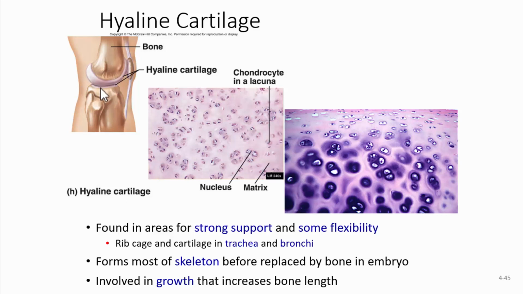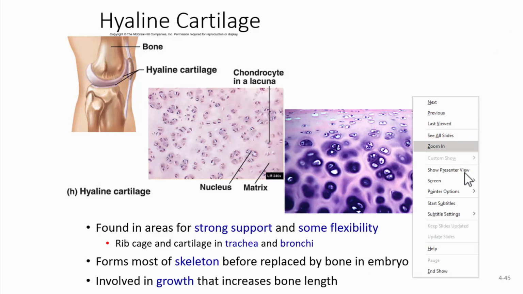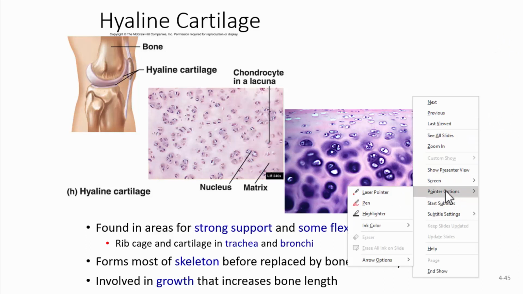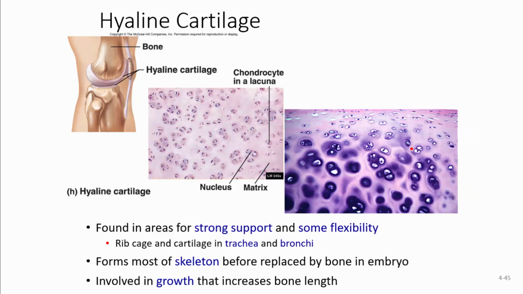Okay? And it's kind of flexible, which, like we mentioned, is a good thing for the rib cage, since your rib cage is expanding and contracting. Now, here's the thing. When we look at this, and let's see if I can pull up my pen here. If you notice, these kind of look like eyes, don't they?